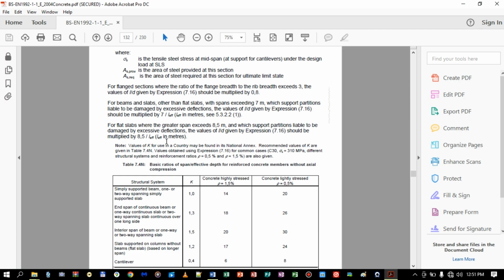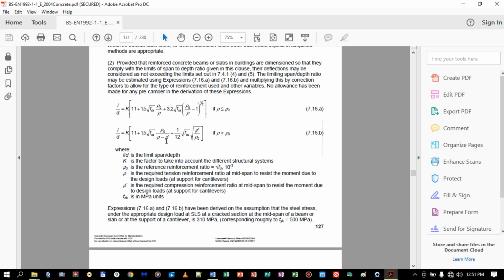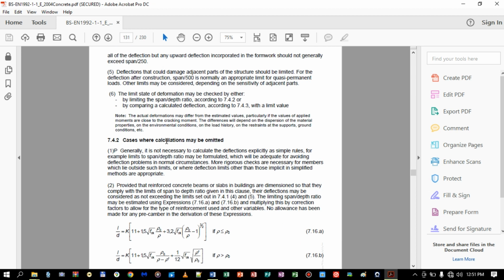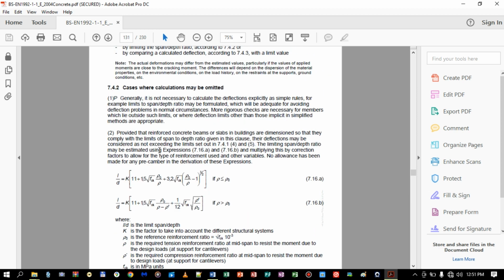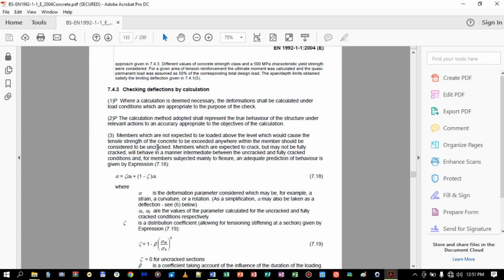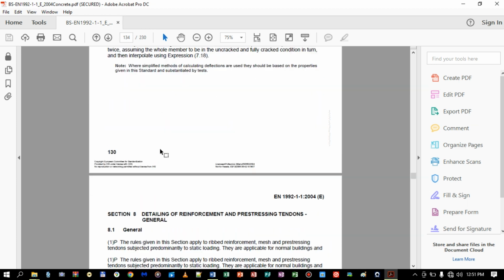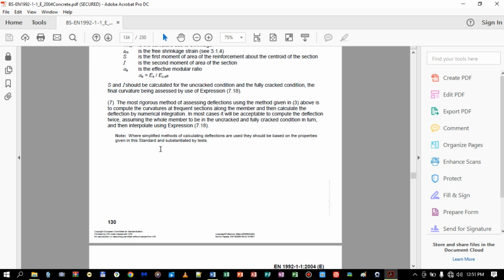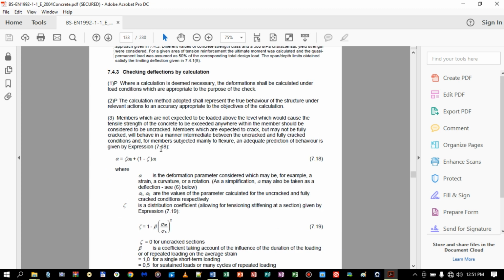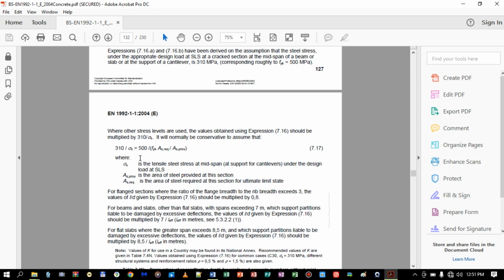Okay, let me try to look for those factors. They are around this.